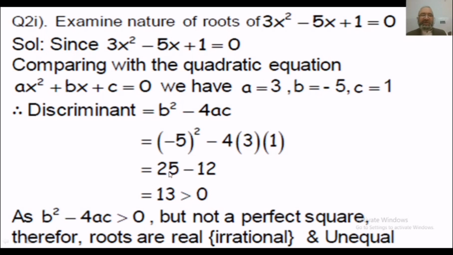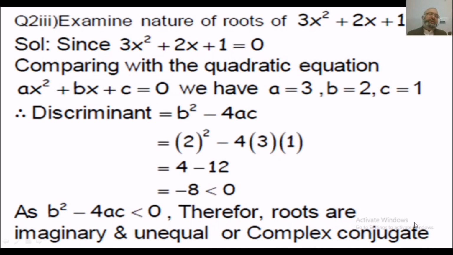Therefore minus 5 square is 25, minus 4 times 3 is 12. 25 minus 12 is 13, greater than 0. It is greater than 0 but not a perfect square. Therefore the roots are real, not a perfect square, so they are irrational and unequal.